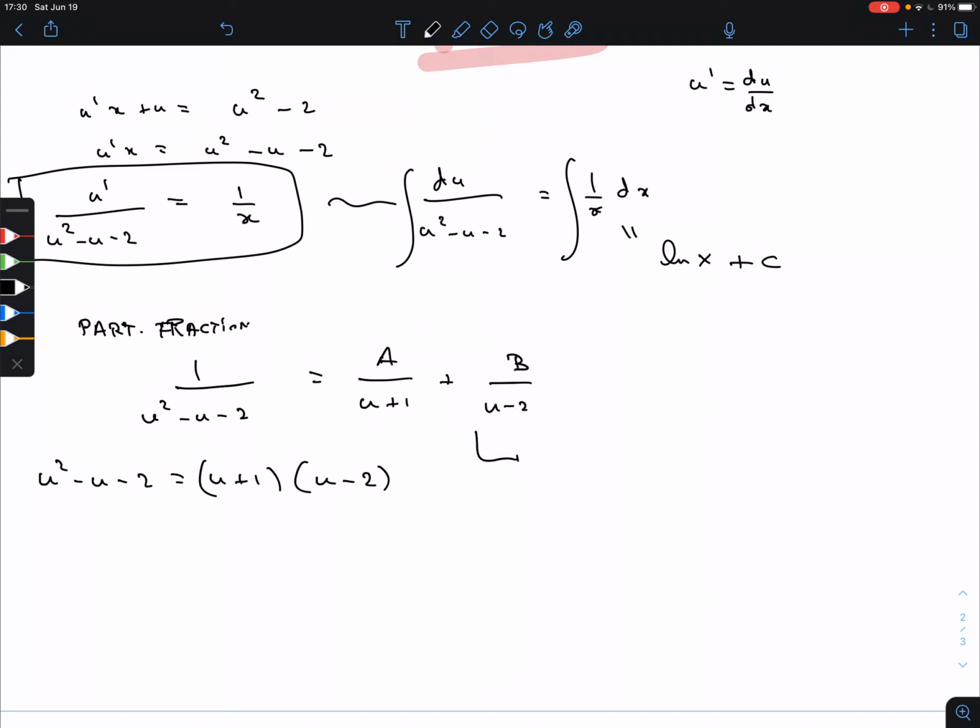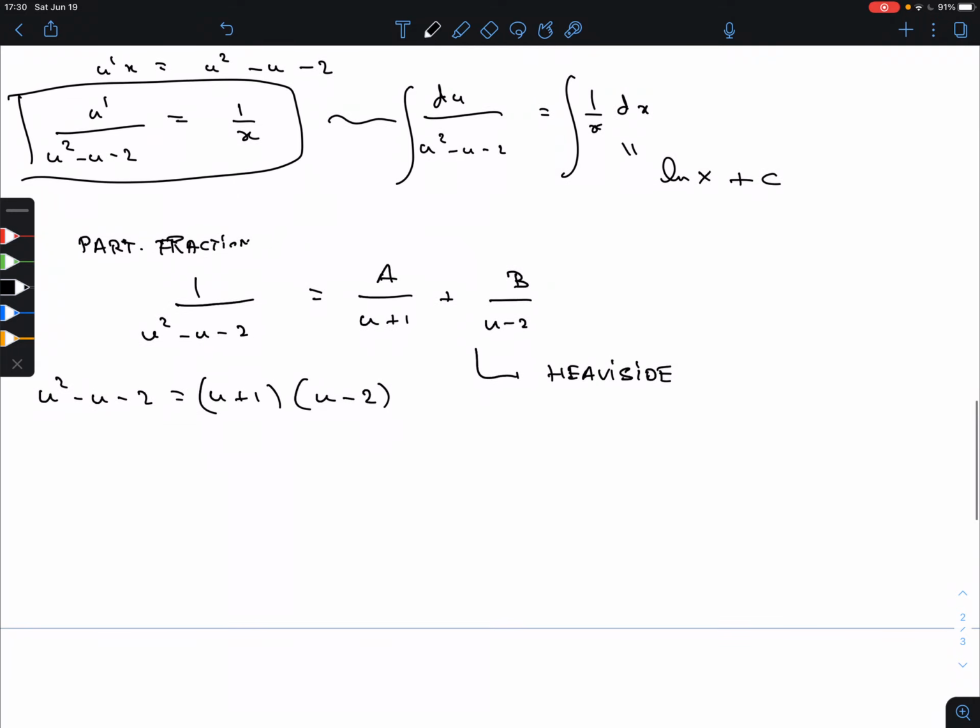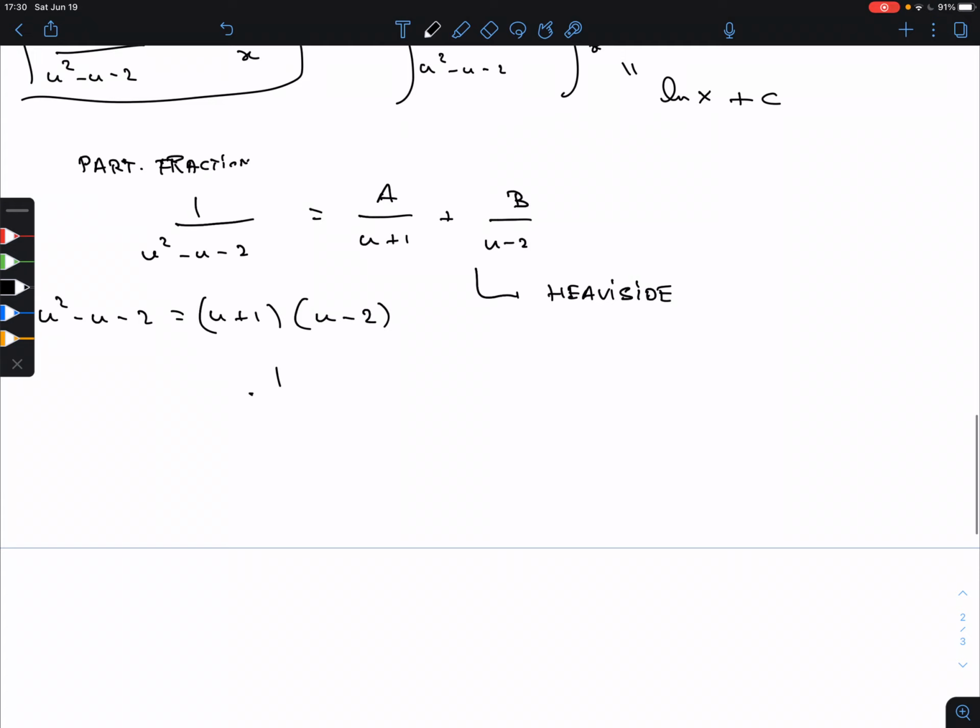Now we are at the end of the course. We have learned a lot of techniques, so we know Heaviside can do this very quickly for us. We look at 1 over u plus 1 times u minus 2. So a would be on top of u plus 1. I'm going to put in u is -1. Here u is the variable, not s, like we have been doing recently. We scratch out this u plus 1, plug in, and we get -1 over 3.